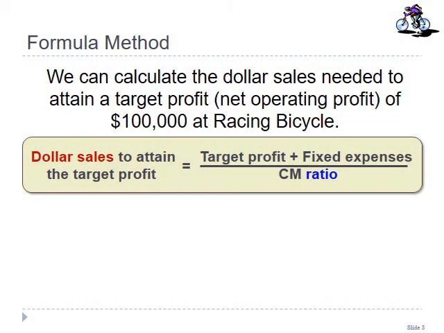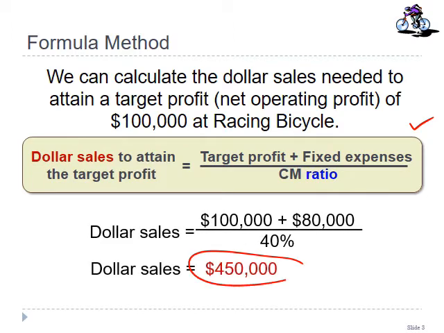You can also do it by the formula method. Just put the values in the formula and you find the same amount, $50,000. 100,000 is our target profit, 80,000 is our fixed cost, and 40% is the contribution margin ratio. Good.